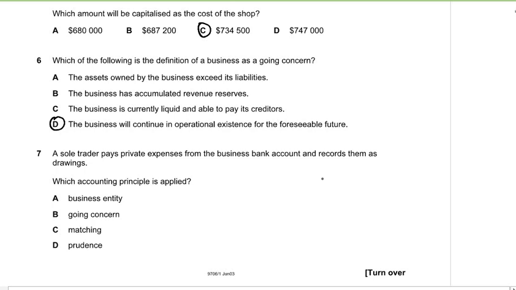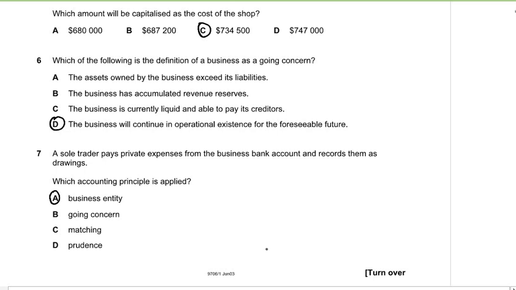Therefore, the concept that we'll be applying there is known as the business entity concept, which separates the transactions of the owner and those of the business. We should not mix the two. Obviously, it can't be going concern; we have just defined going concern. Matching concept is all about events and transactions being recorded in the period to which they relate, despite the actual movement of cash.